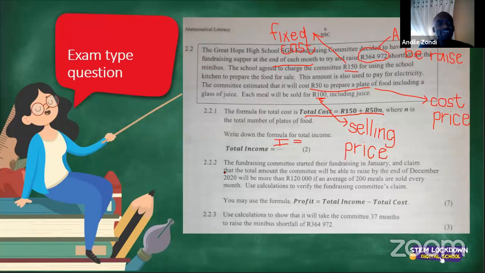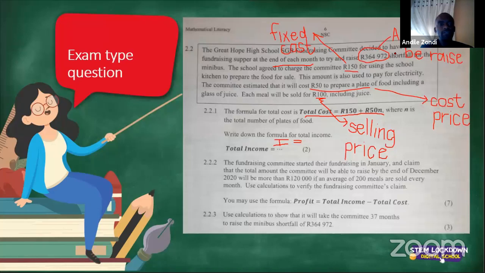Okay. Let me proceed. Total income is equal to selling price times number of plates. So what is our selling price? Our selling price is 100 rands. So this is what you're supposed to do.